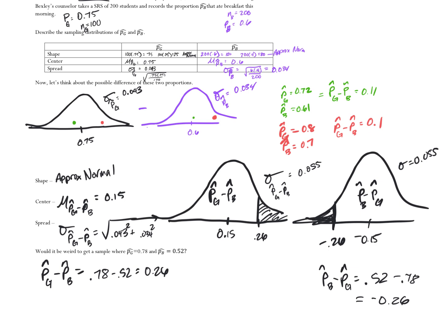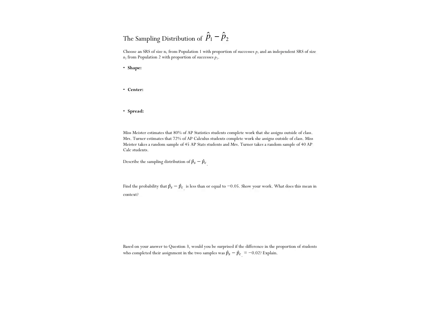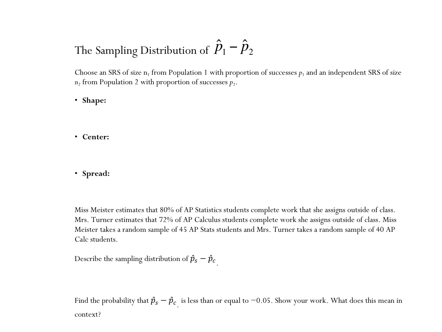Cool? Great. Let's look at basic formulas and then we'll be done for today. So basic idea, these are the general rules for all differences of p-hats. In order for the difference to be normal, I am doing that normal condition for the first group and for the second group.